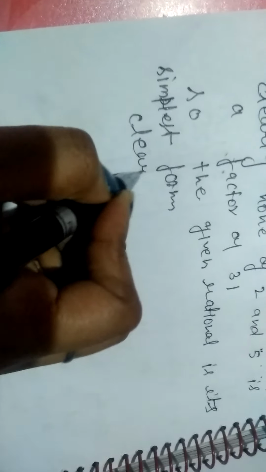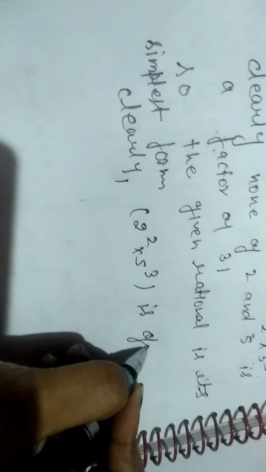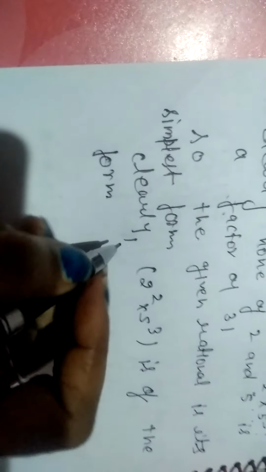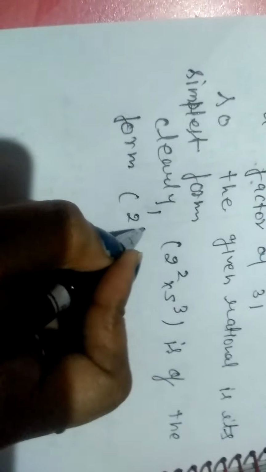Clearly, 2 to the power 2 into 5 to the power 3 is of the form 2 to the power m into 5 to the power n.